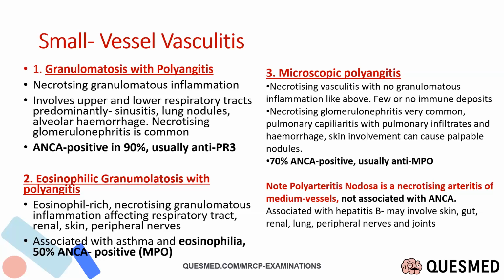And in contrast to EGPA, 70% are generally ANCA positive, and it's usually P ANCA, so associated with anti-MPO. So GPA is C ANCA, anti-PR3, and P ANCA, MPO, is EGPA or microscopic polyangiitis.